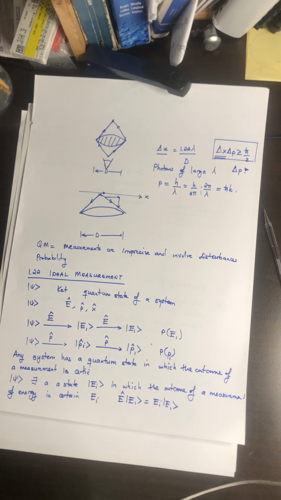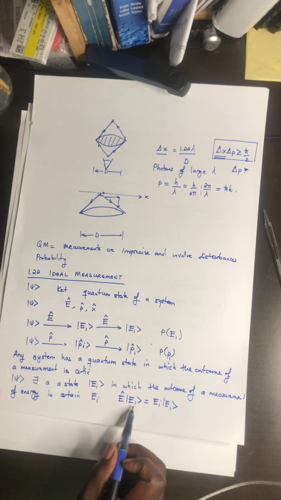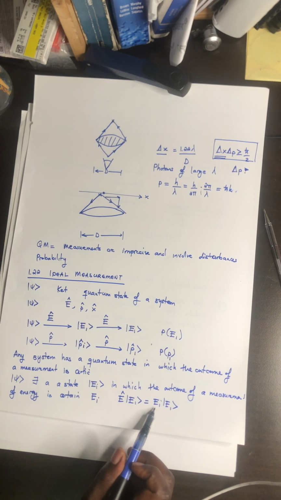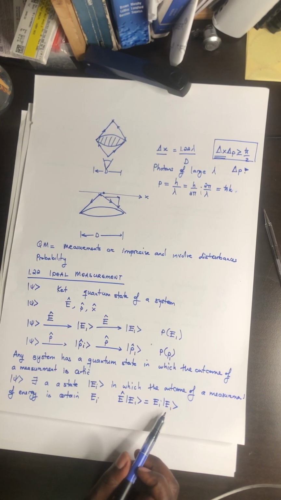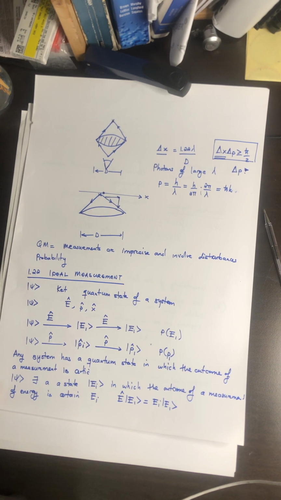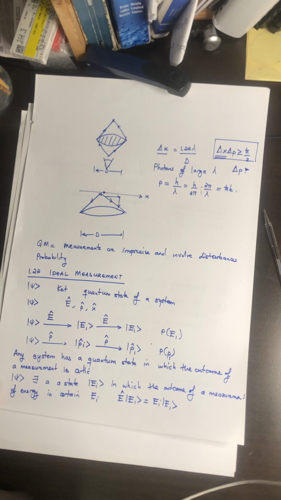But then the question is, these states where you are certain of the outcome of a particular measurement, they have to be special. Because remember, we say that when we make a measurement, we disturb our system and usually jog it into a new state.